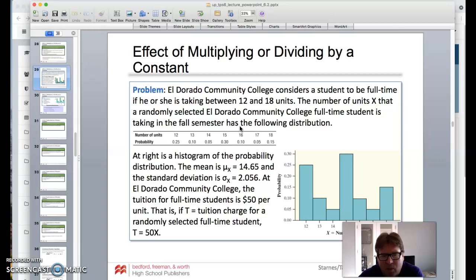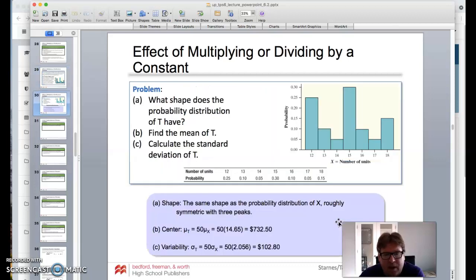The mean is 14.65, and the standard deviation is 2.056. At El Dorado Community College, the tuition for full-time students is $50 per unit or credit. That is, the tuition charge T for a randomly selected student would be 50 times X. Let's see what happens here.